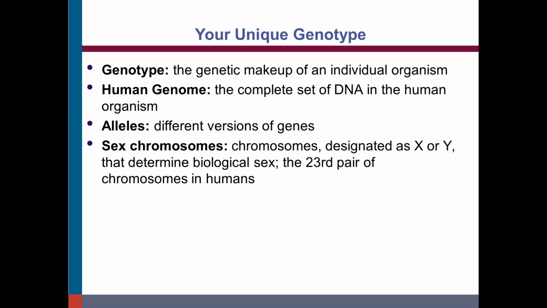Now, not all genes are exactly the same. That's what makes each individual different from other individuals. Those differences in the genetic material are what's known as alleles. This term right here, alleles. Those are the different versions of genes.